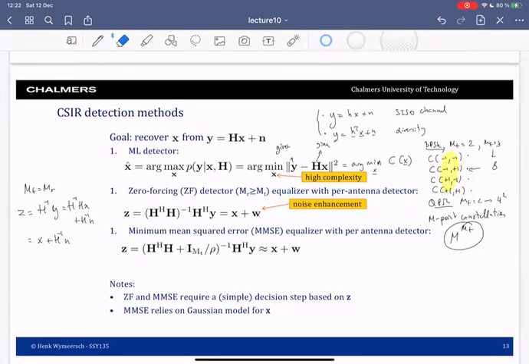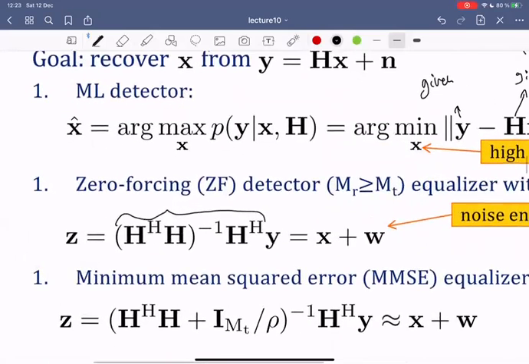That's fine, but this doesn't work when MT is different from MR, because then the inverse does not exist. But there exists a generalization of the inverse, and this is called the pseudo-inverse. You can apply this when the number of receive antennas is more than the number of transmit antennas.